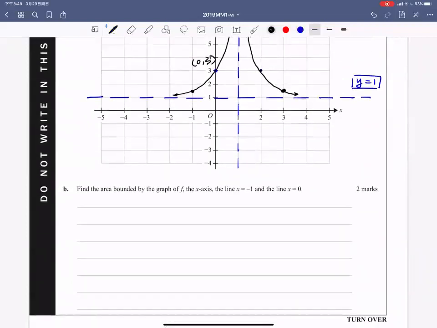Find the area bounded by the graph of f, the x-axis, x equals -1 and x equals 0. So I should have my area between -1, the axis, and the graph of f. In the middle, that's the area I'm looking for exactly, and I should use integration.